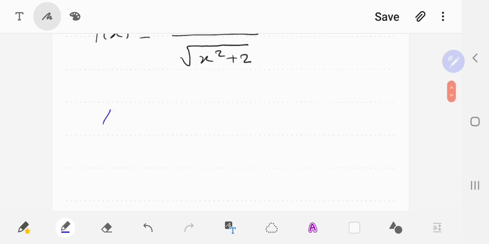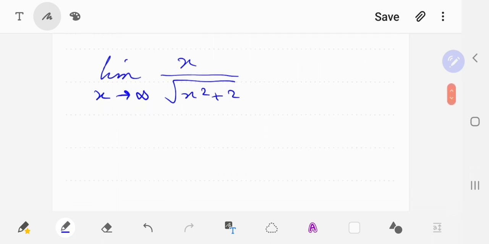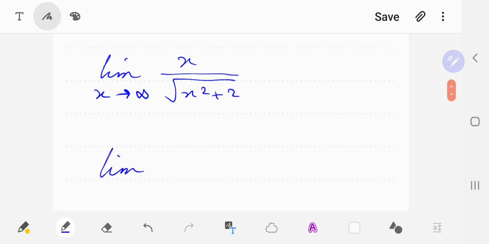It's the limit of the function when x approaches either positive or negative infinity. We'll take them in parts. Let's say the limit as x approaches infinity of x over square root of x squared plus 2. If you don't remember, you can go back to my explanation in the other video.